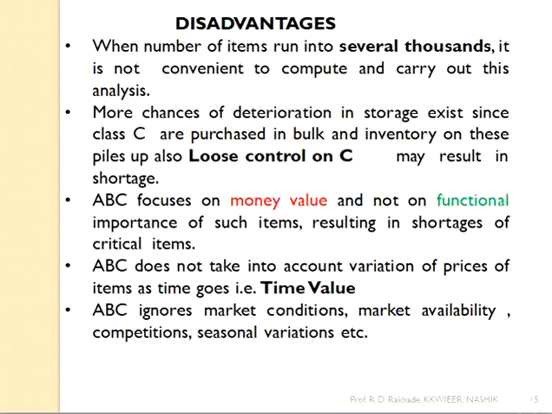So the pile or storage space is more occupied due to C. Then ABC focuses only on money, not on functions. ABC does not take into account time value, that is variation of price of an item over time. Then ABC ignores market condition, market availability, competition and seasonal variation.